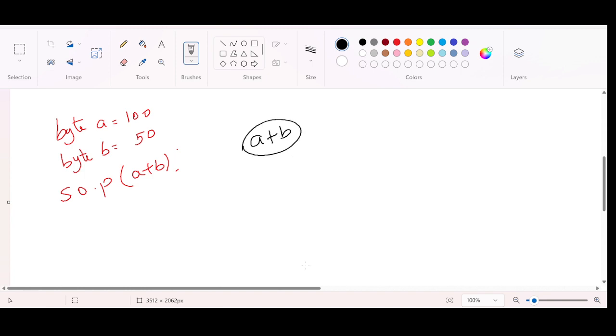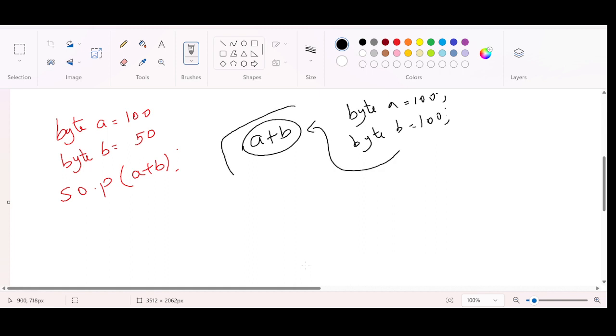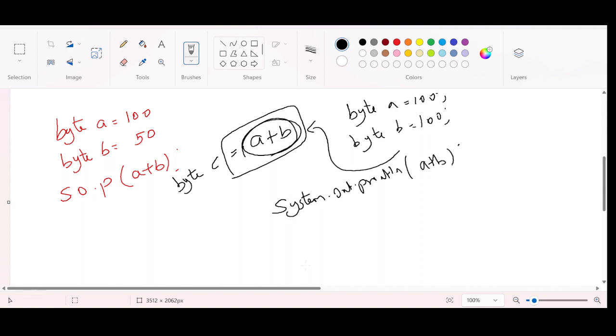When I say A plus B is not possible with byte, it means if I assign byte A equal to 100, byte B equal to 100, and then byte C equal to A plus B, we cannot do this outside System.out.println. But the same thing can be achieved inside System.out.println, A plus B. This is possible.